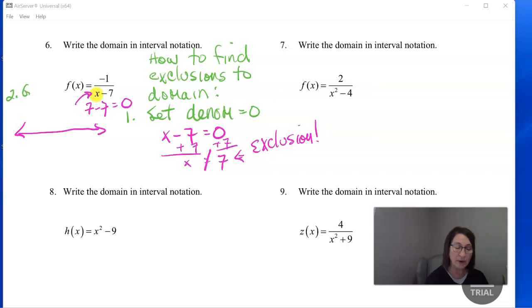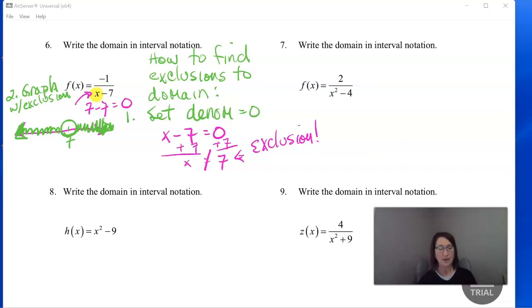So graph with exclusion. So I'm going to identify 7 and put a big open circle there. Everything to the right, that can be part of my domain. Everything to the left, that can be part of my domain.